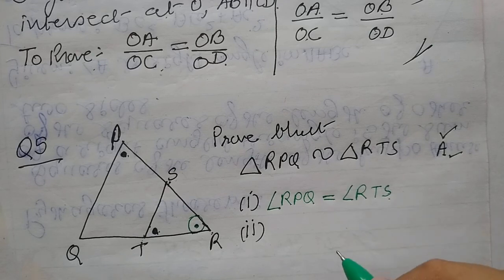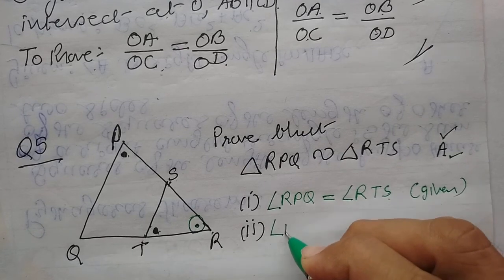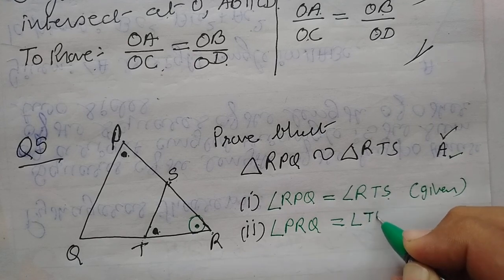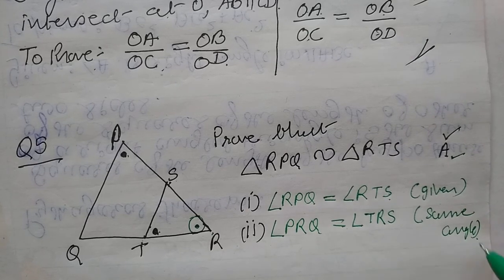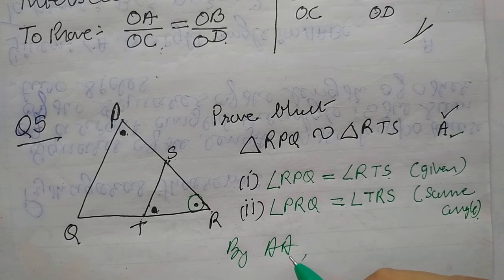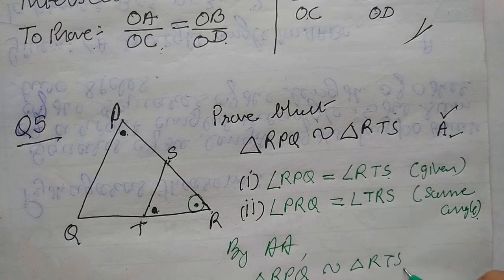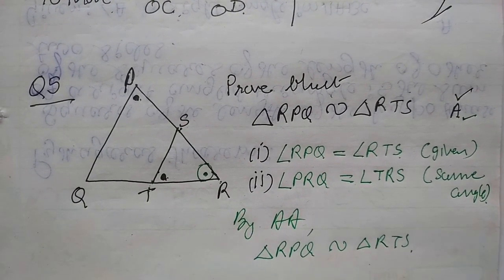This is given, children. Similarly, we can write angle PRQ equal to angle TRS. Same angle. Okay, so by AA we can prove similarity. So triangle RPQ is similar to triangle RTS. Okay, children, very easy it is. So this way you can prove it.